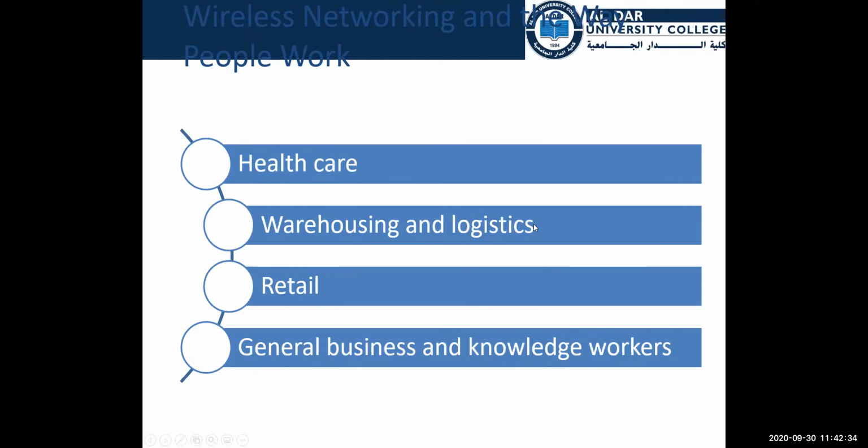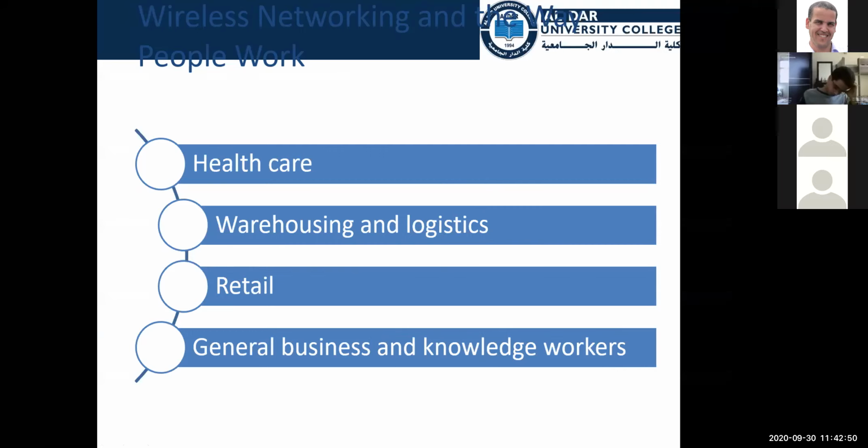And also for logistics, you can capture how many objects came to your warehouse and how many objects went out of your warehouse. And also with the advent of wireless network, there is GPS. GPS enabled the tracking of packages and cars. So logistics used the wireless network heavily after that.